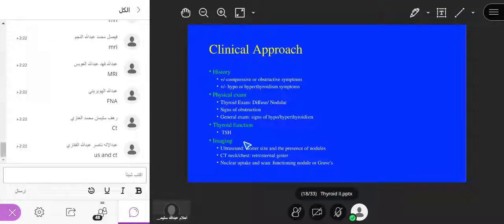MRI of what? FNA, never for someone with hyperthyroidism. Pituitary. Yes, pituitary MRI, because if the TSH is normal or high and the patient has a picture of hyperthyroidism, I don't want to do a nuclear scan. Of course, it's going to be high. I will do a pituitary MRI. Excellent.